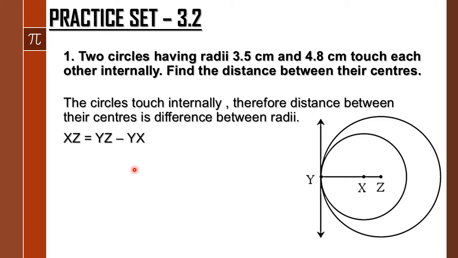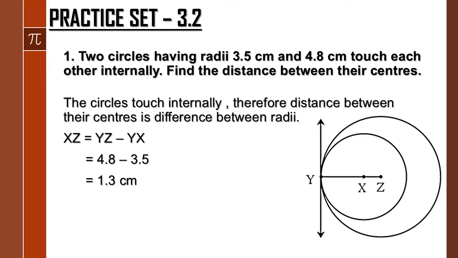That means XZ is equal to YZ minus YX, and that would be 4.8 minus 3.5, which is 1.3 centimeters. So whenever you have two circles touching internally, the distance between the centers is the difference between their radii.